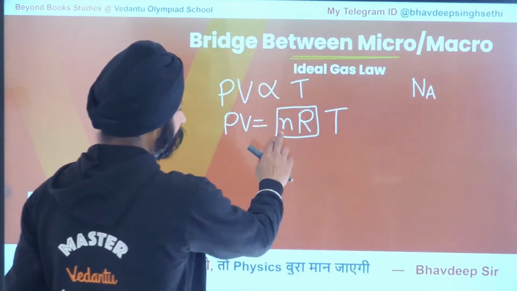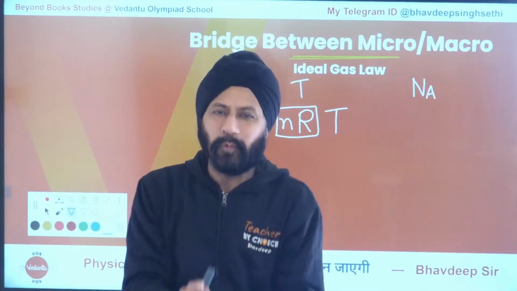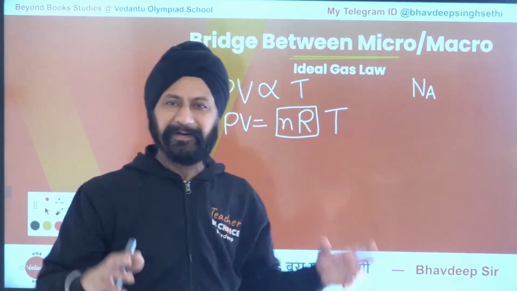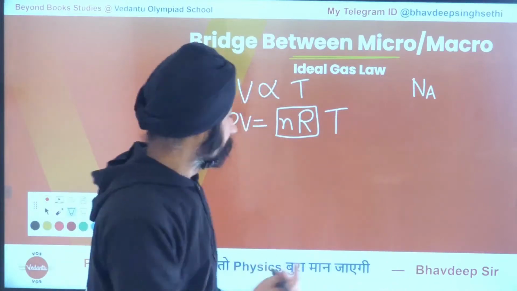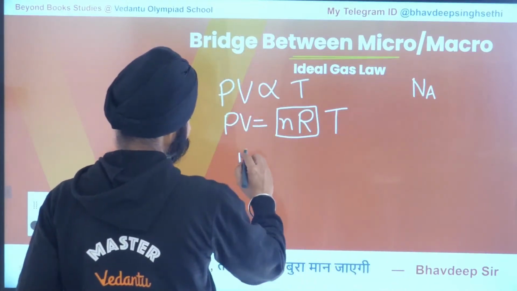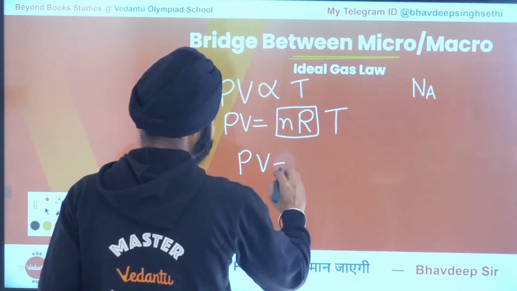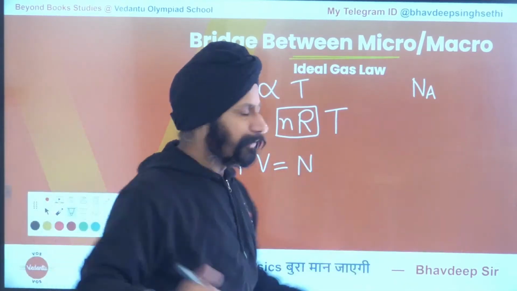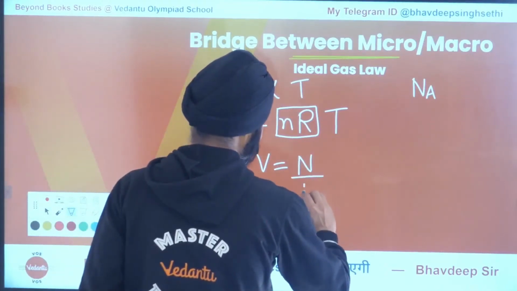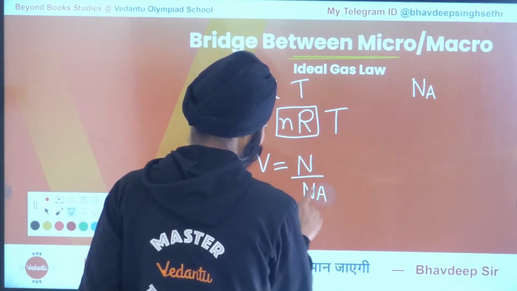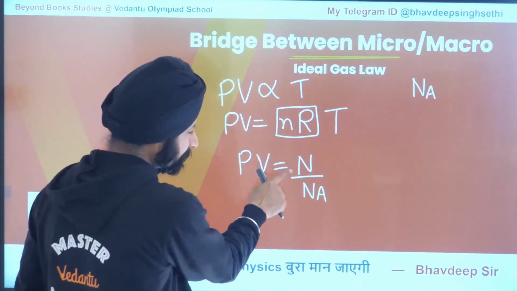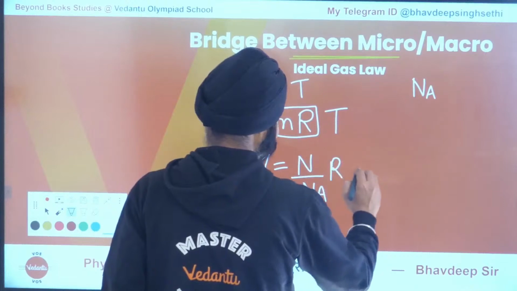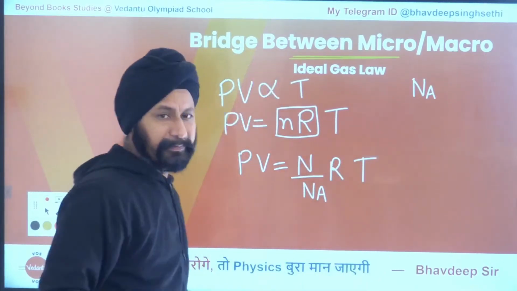So if I want to go to the microscopic world, and I don't like the number of moles here, I want to put the number of molecules, I can convert this equation to say PV is equal to N, where N is the total number of molecules, divided by Avogadro's number. So this is the number of moles. I'm just replacing lowercase n with this. It's the same thing, times the gas constant times the temperature.